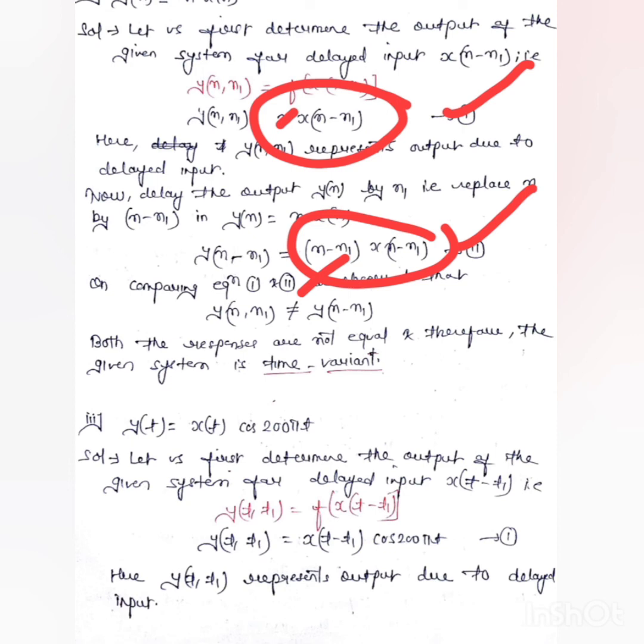Hence, these two expressions are not equal. y of n comma n1 is not equal to y of n minus n1. Hence, the given system is time variant. It does vary with respect to time. Because if the expressions are equal, then the system is time invariant, but here they are not equal, hence the given system is time variant.